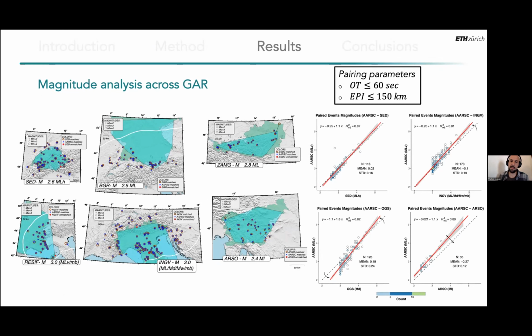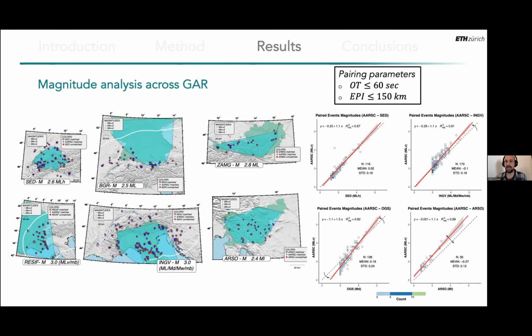One may appreciate this even more by seeing the 4 panels here, where we are comparing our unified local magnitudes against the local magnitudes of the individual observatories. This is not to say that there is a better or a worse magnitude scale. It's just to say that it's difficult to pair just by magnitudes.